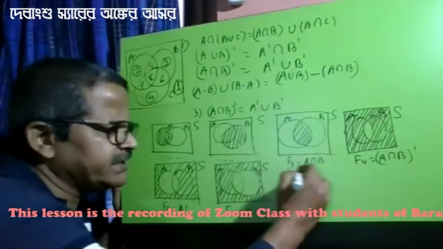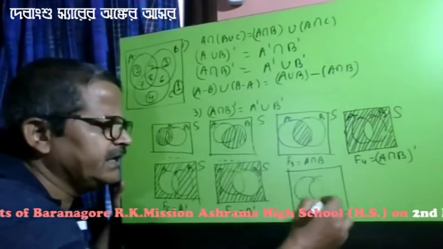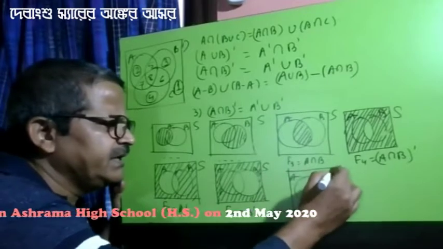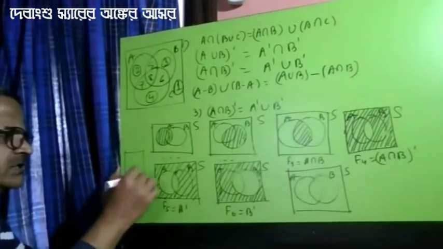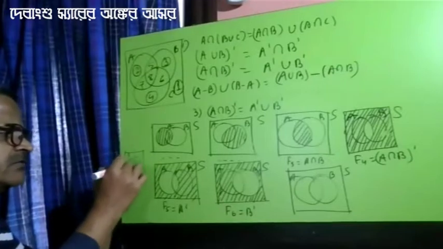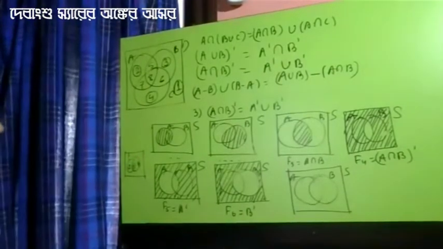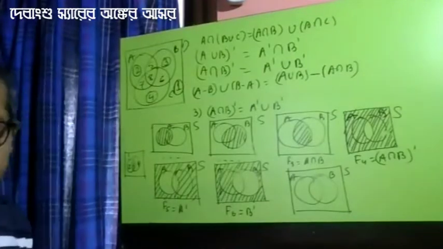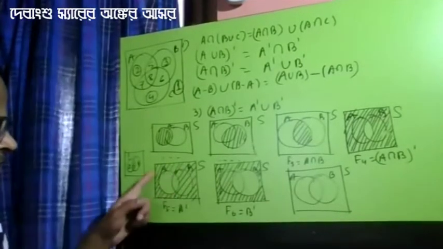Now I have to take their union. A, B, A, B, S. Now as earlier we noticed, there are four parts, 1, 2, 3 and 4. Now observe which parts are in both the diagrams. Now see one part that is outside the circle.